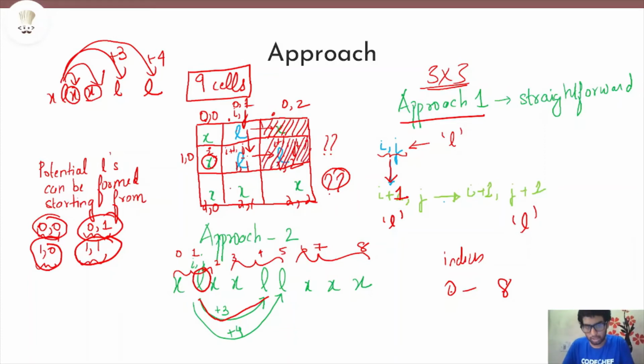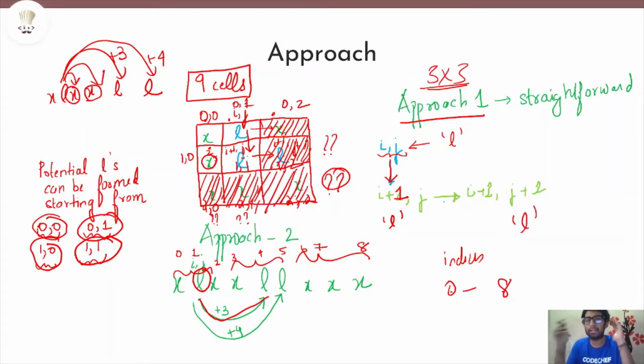Now, no matter if 2, 0 is L, there is nothing below 2, 0 and there's nothing to the right here because that will go to my fourth row. I have my first row, second row, third row. I have no fourth row. Similarly, I have no fourth column here. So I can essentially not process my third row itself. What is the use of processing my third row here?